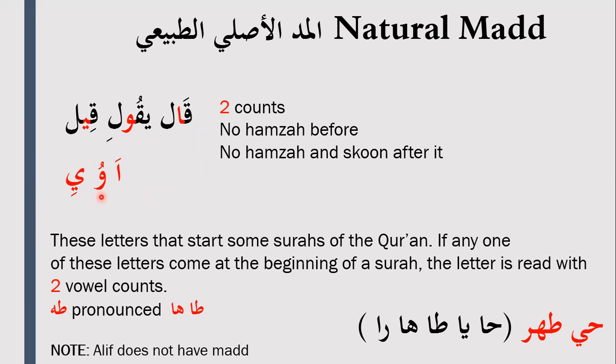It may have one of those mads, which is the wiggly line going across, that shows you it needs to be elongated, and that's something different. But these letters usually stand alone. They won't have any type of voweling, like short vowels.